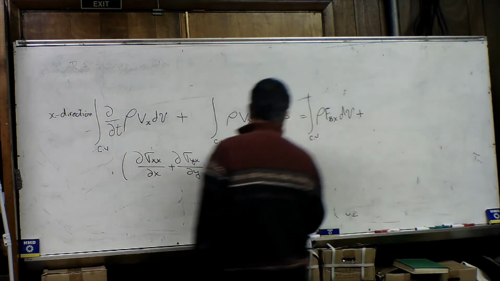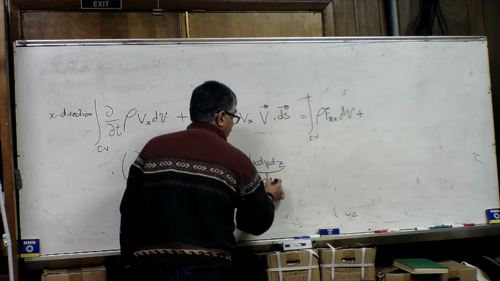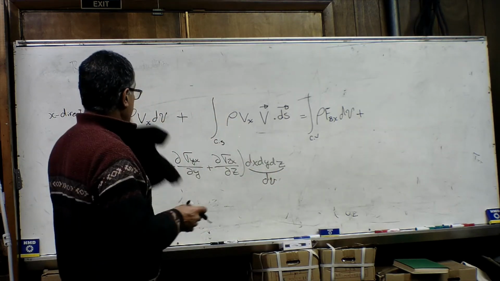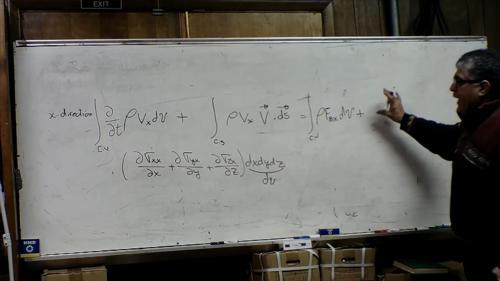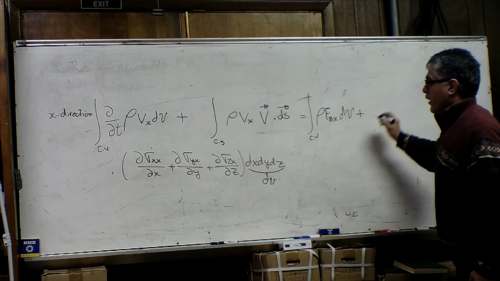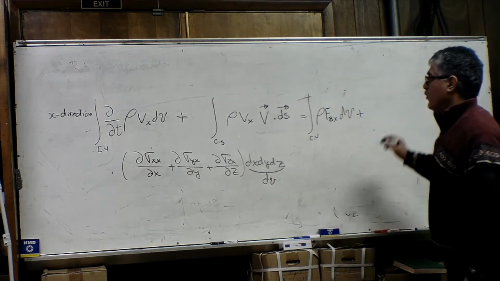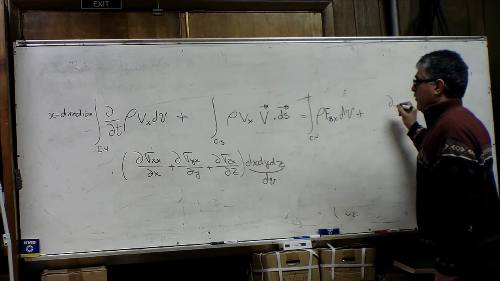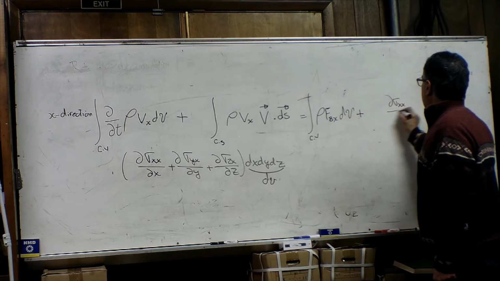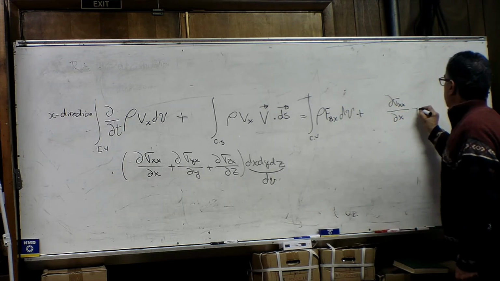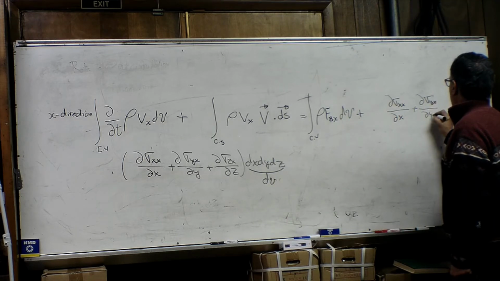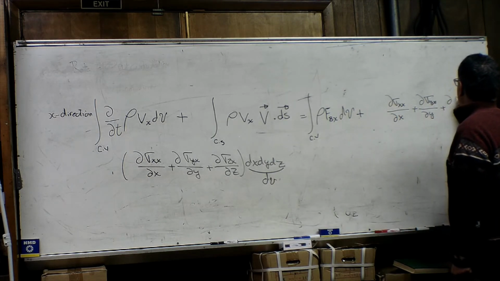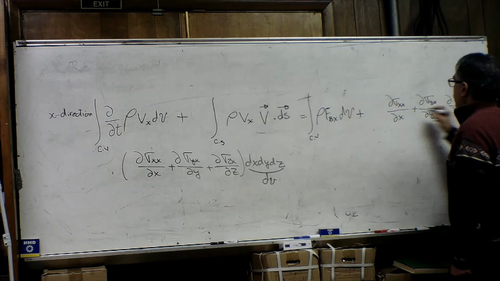So dx dy dz is in fact our volume, the volume of our differential volume dV. So the total surface forces in x direction for this differential volume will be the partial derivative of sigma xx with respect to x plus the partial derivative of sigma yx with respect to y plus the partial derivative of sigma zx with respect to z, times dV.